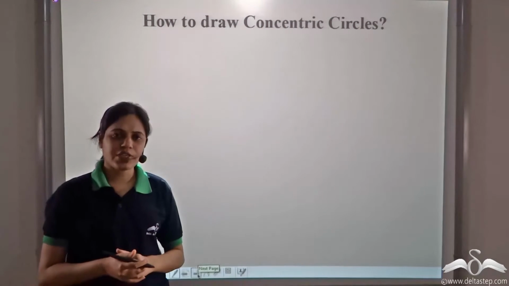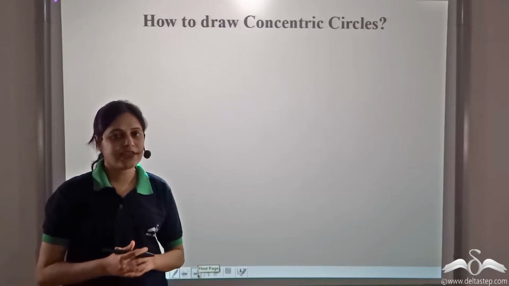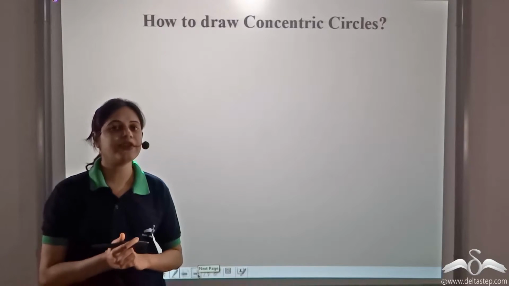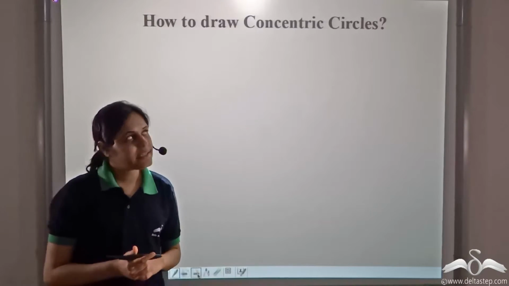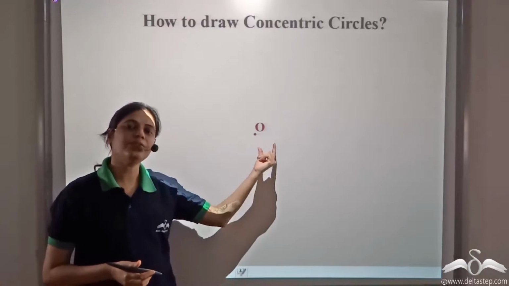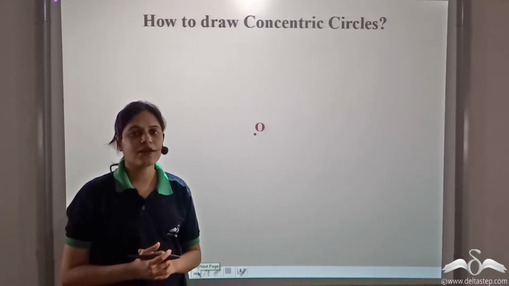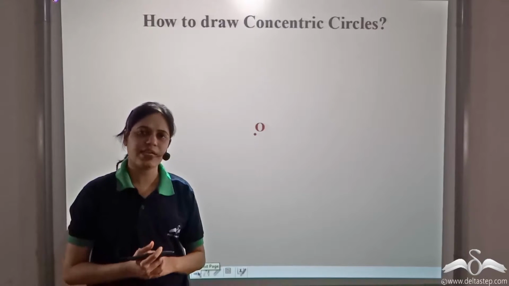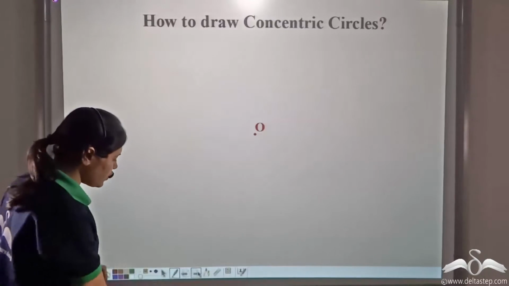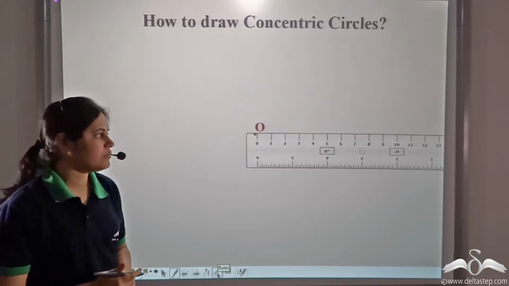How do we draw concentric circles? Well, as we have seen, concentric circles are the circles with the same center. So let's first fix the center. So we fix the center at point O. Now first we draw a circle with say radius 6 centimeter. So for that we mark 6 centimeter with the help of a ruler.